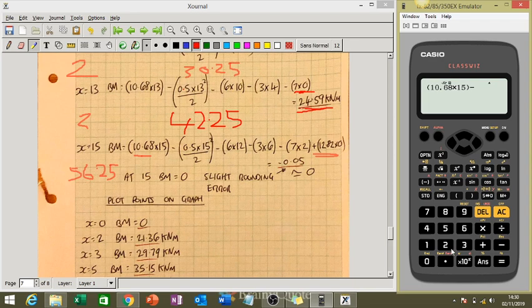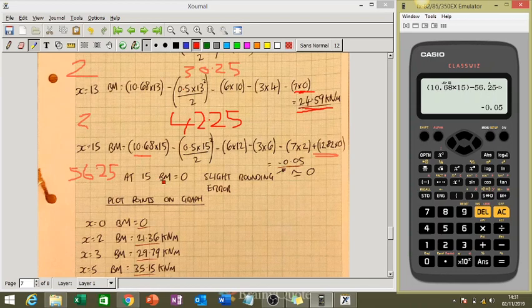Take away 56.25. Take away 6 divided by 12. Take away 3 divided by 6. Take away 7 times by 2, 14. That there, look, so you could include it, but that times that is going to be 0, so I'll ignore that. Equals.